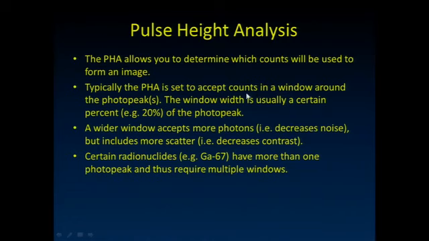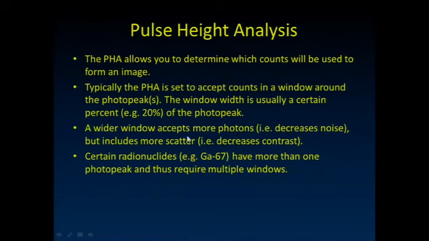So we're going to open up a little window called the photopeak window, and typically it's about 20%. So if we're at 140 keV, we'll look 10% below that, right, which would be down to 126, and 10% above that, which would be up to about 154. Any pulses that occur whose energy is estimated to be in that range, we're going to accept and make our image from.